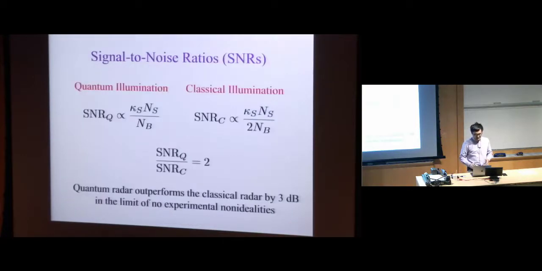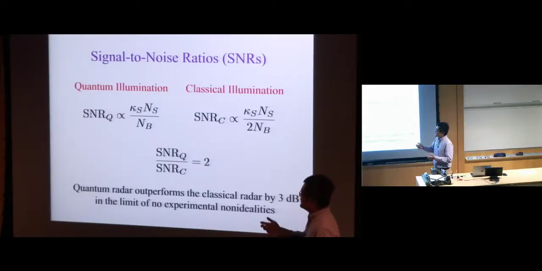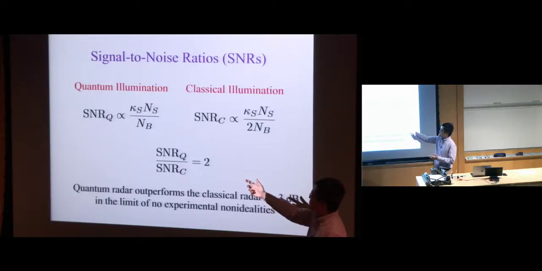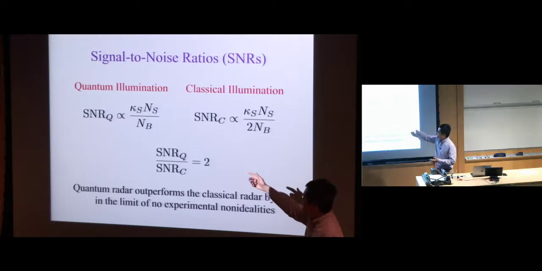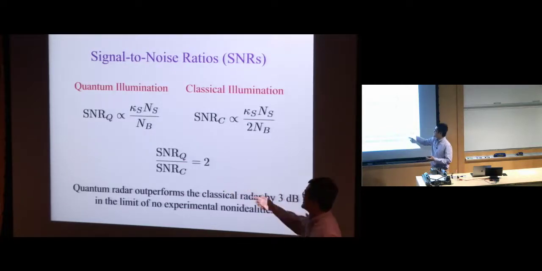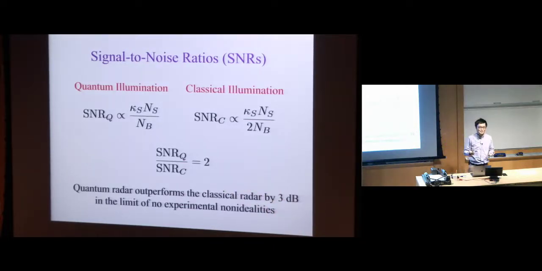And if you do some more math and derive the signal-to-noise ratio for quantum illumination target detection versus classical illumination target detection, the signal-to-noise ratio for the quantum case is a factor of 2, or 3 dB, higher than the best classical scheme that you can build.